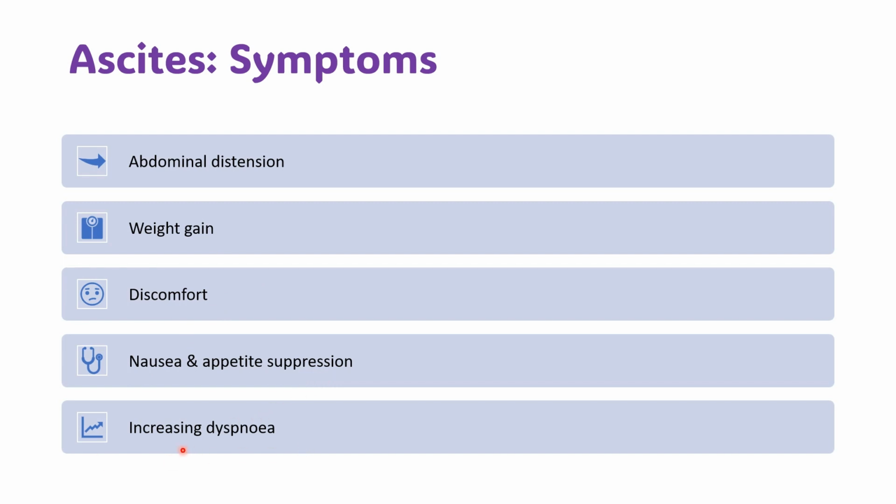And patients might also report increasing shortness of breath, and the reason why that happens is because if there's retained fluid, there's a raised intra-abdominal pressure, and there's going to be increased pressure on the vena cava and the diaphragm, and this is going to result in a reduced venous return. Pressure on the diaphragm can make it difficult to breathe also, if the hemidiaphragms can't flatten during inspiration.